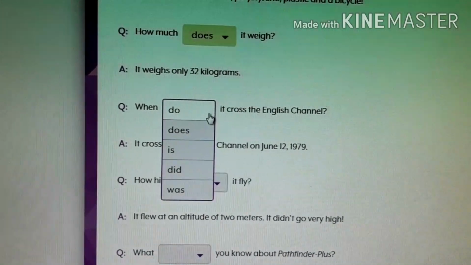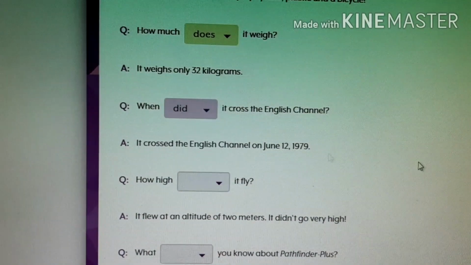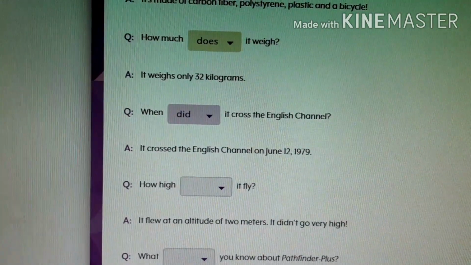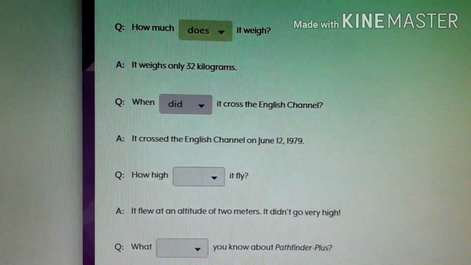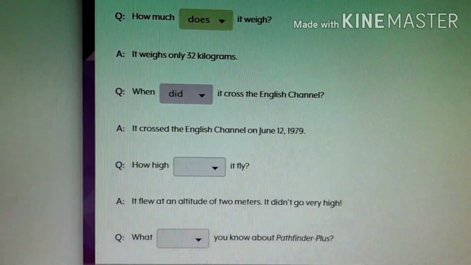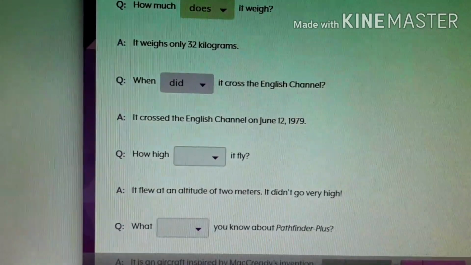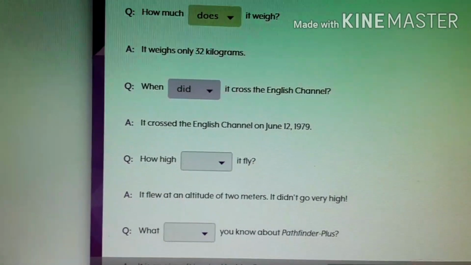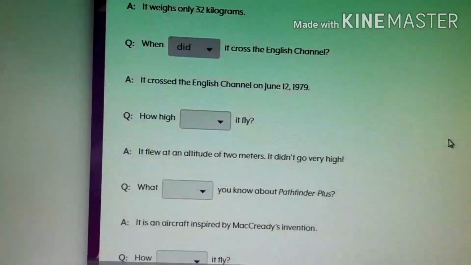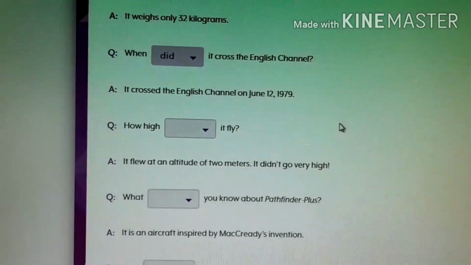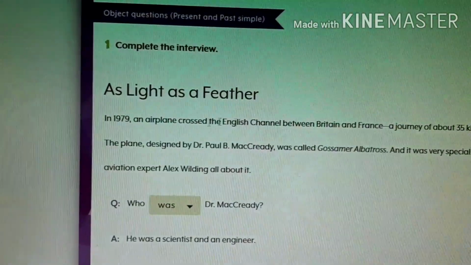When did it cross the English Channel? It crossed the English Channel on June 12, 1979. Remember that this information is related with this, right?